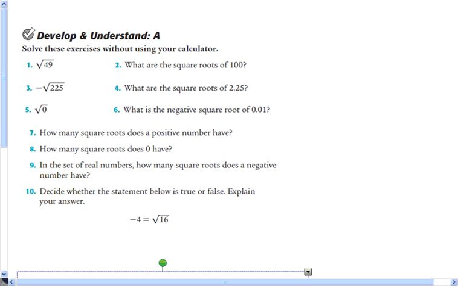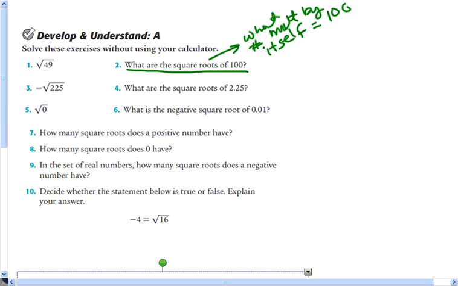Number 2 says, what are the square roots of 100? So it's kind of telling you that there's more than one. Remember, the square root means what number multiplied by itself equals 100.